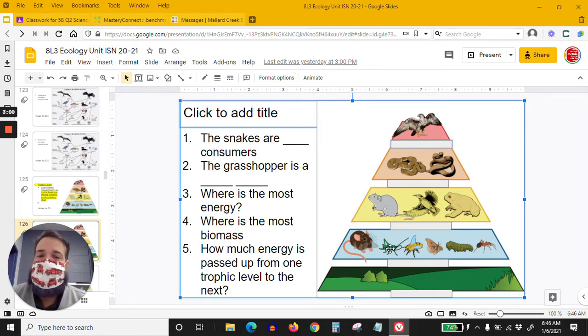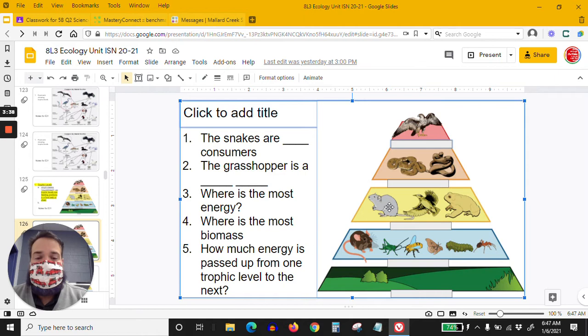It has to escape predators, find mates, and some of its energy is lost as heat. That happens even in cold-blooded organisms. So all of this energy is being used by the organism or lost as heat. So only 10%, if you want to think of it as profit, the grasshopper only gets 10% energy profit from eating the grass.